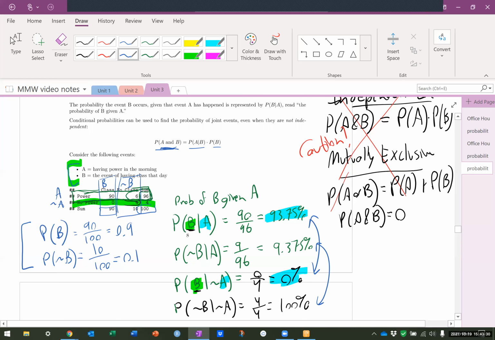Well, A and B occur 90 times out of 100. What's the probability of A given B? We found that. Let's find that. A given B. So given that B has occurred, A occurs 90 out of 90 times.